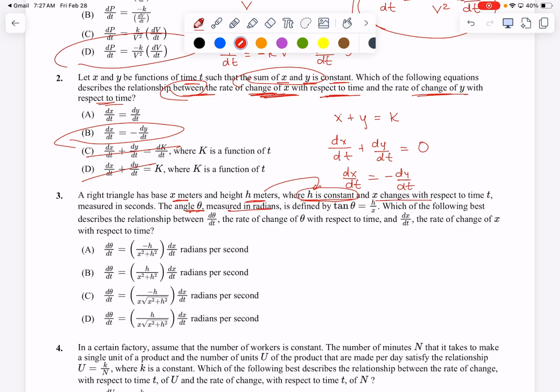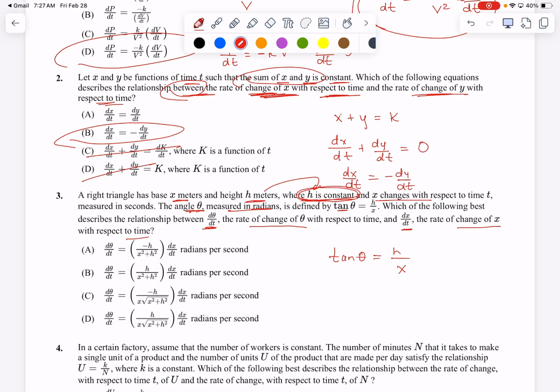The angle theta, measured in radians, is defined by tangent of theta is equal to h over x. Which best describes the relationship between d theta/dt, the rate of change of theta with respect to time, and dx/dt, the rate of change of x? And remember, h is held constant.